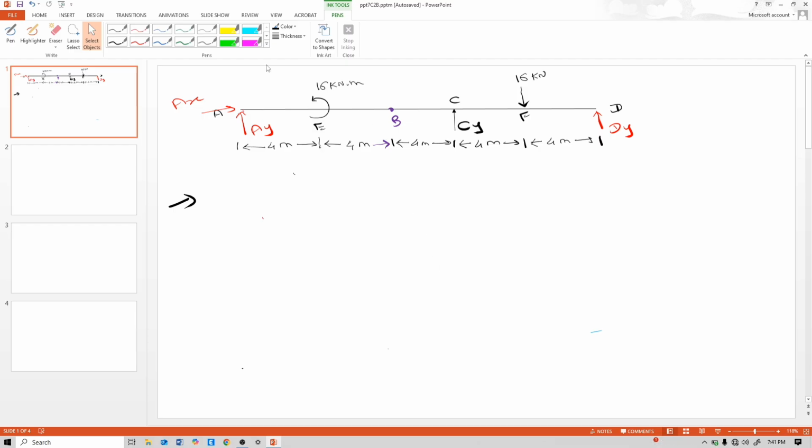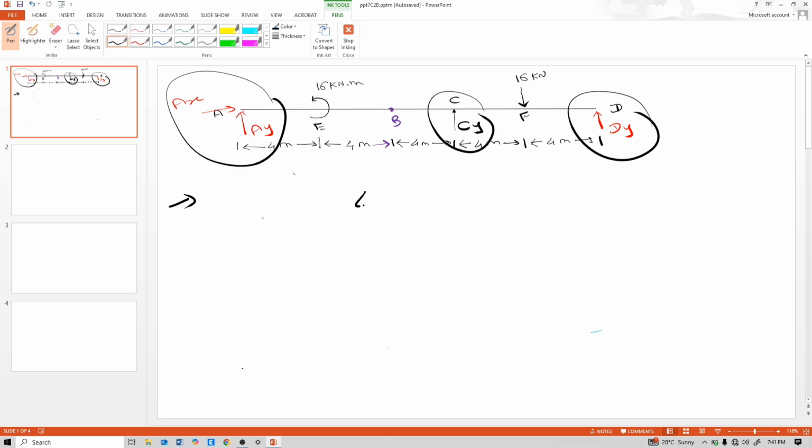So remember, at an internal hinge location the moment is always 0, and observe this AX, AY, CY and DY are 4 reactions in this beam, and the total number of equilibrium equations is 3 plus 1.